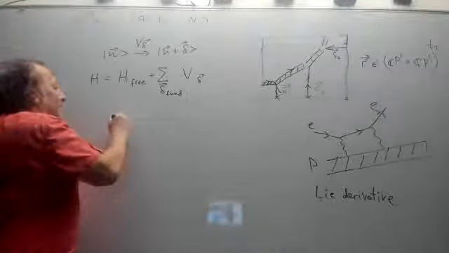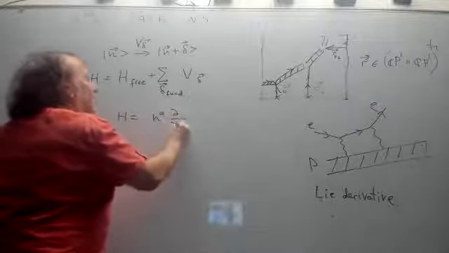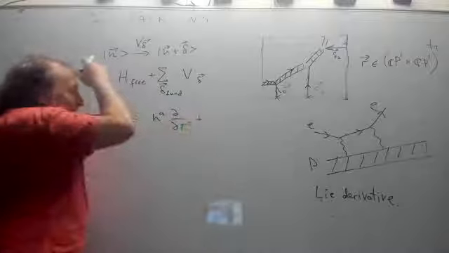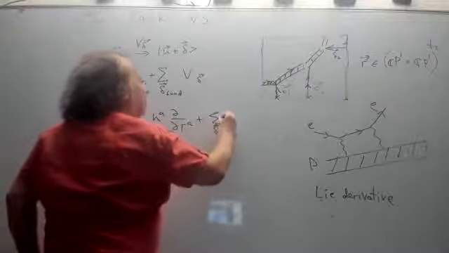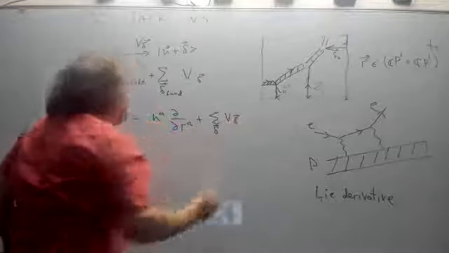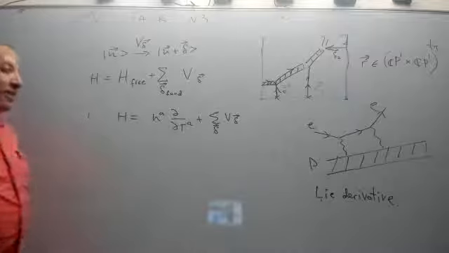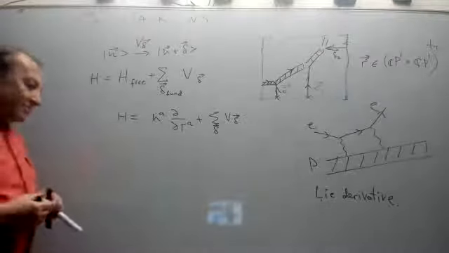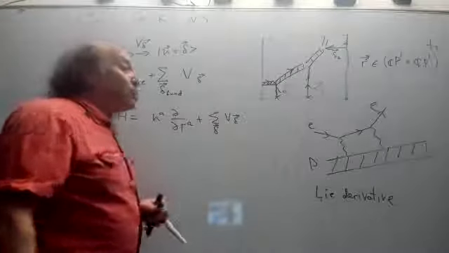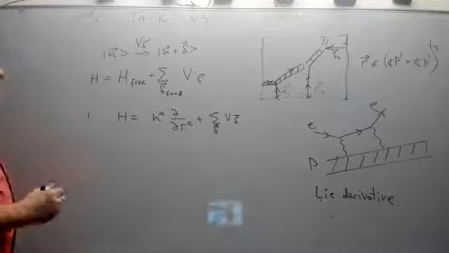The Hamiltonian is given. What else do I need? Plus this sum of V delta. And do you know what I'm going to do right now? Let me surprise you, okay? I will surprise you because now I will do the tropical mirror.